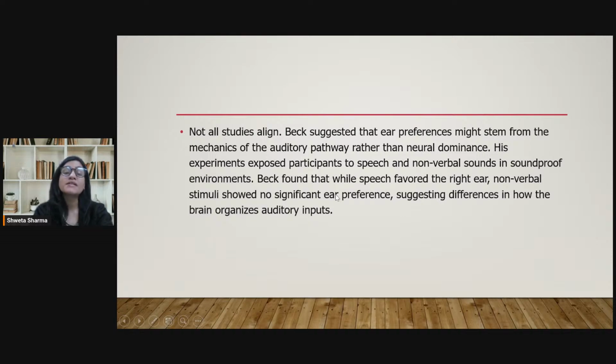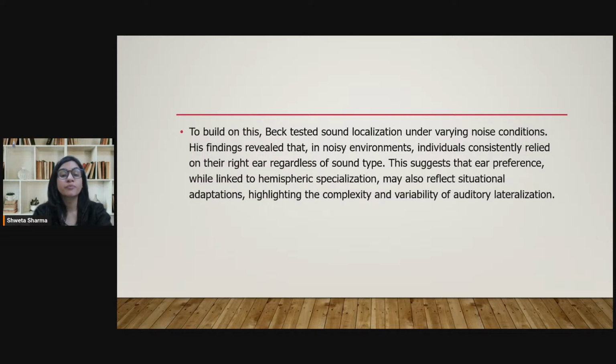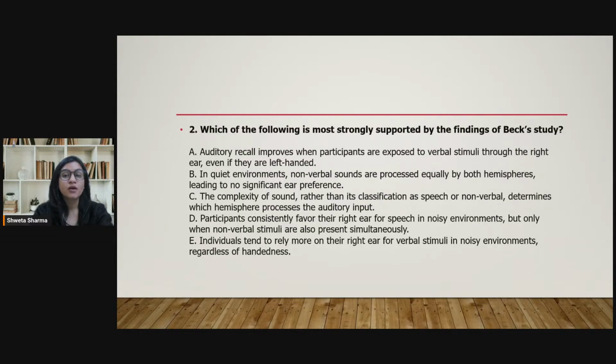Beck found that while speech favored the right ear, non-verbal stimuli showed no significant ear preference. To build on this, he also tested localization under various noise conditions, suggesting that ear preference, while linked to hemispheric specialization, reflected situational adaptations. Okay, so now please let me know the right answer.